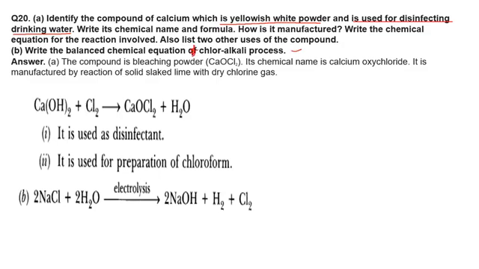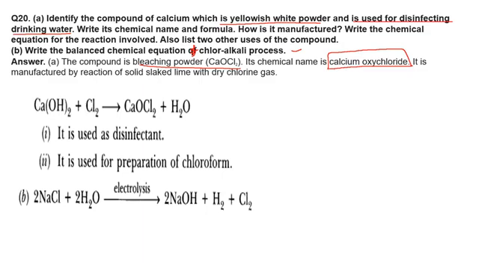So we shall start with the first one. The compound is bleaching powder. What is the formula of bleaching powder? CaOCl2. Its chemical name is calcium oxychloride, CaOCl2.